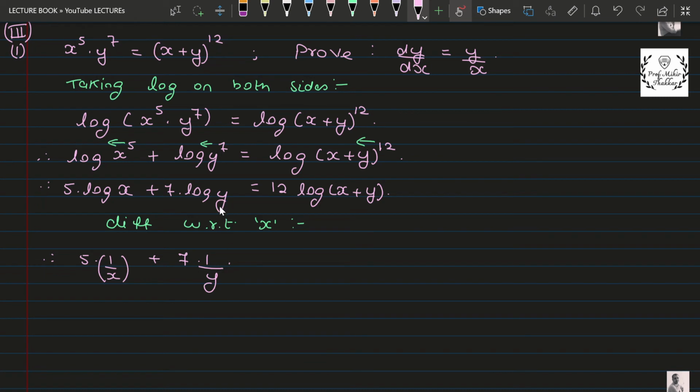But we consider y as fx, so we have to multiply by the derivative of fx. So it is multiplied by dy by dx. And the last element, it is 12, which is the coefficient, and 1 upon x plus y multiplied by derivative of x plus y.